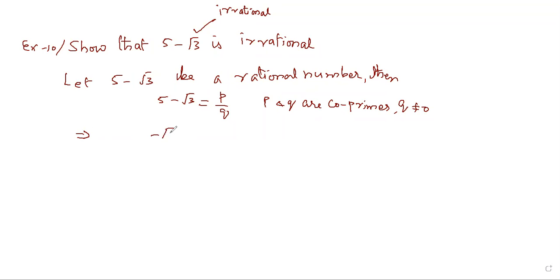If we bring 5 to the right hand side, this becomes p by q minus 5. To remove the minus, multiply both sides by minus 1, so root 3 becomes plus, 5 becomes plus, and p by q becomes minus.